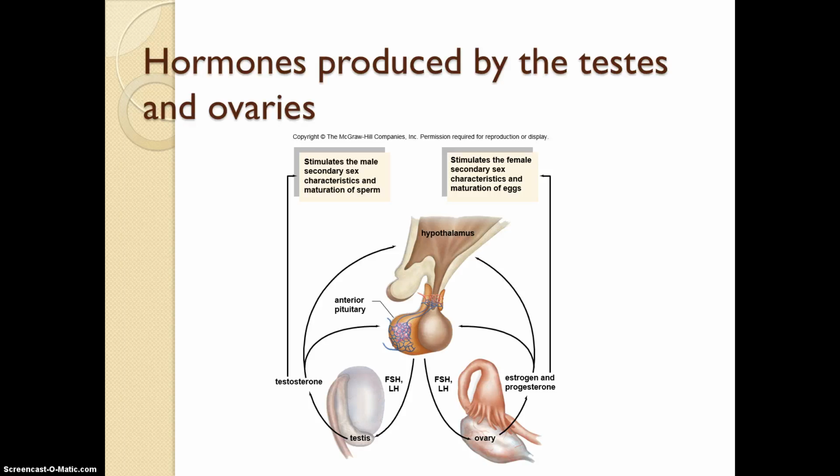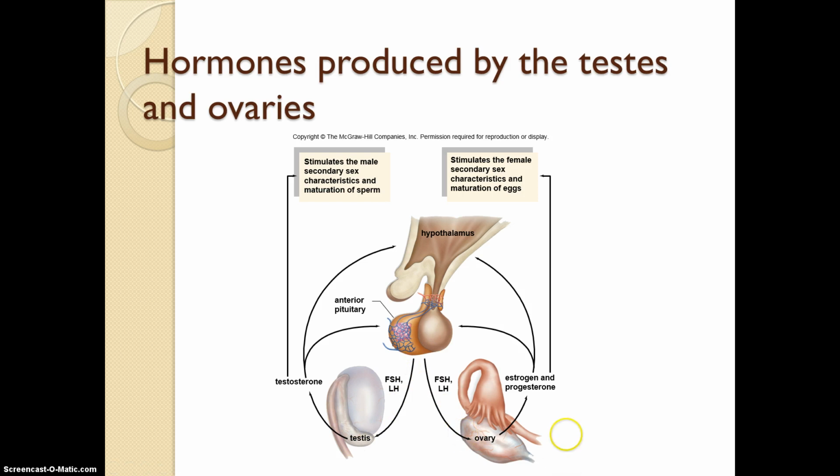But there is definitely a loop, and if you look at it real quick, again, we're going to focus a whole bunch of time on this when we get into reproduction, but you can see that it starts off with 2 very similar hormones, and it's simply that their target is different, testes and ovaries. But as we learn in development, we all start off as girls.